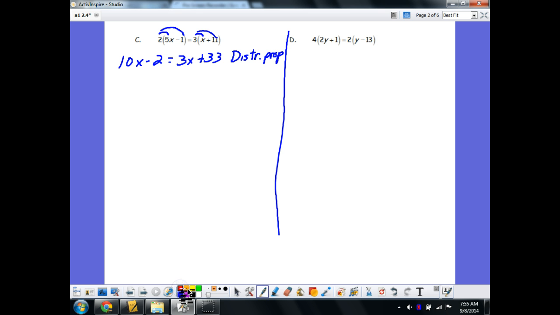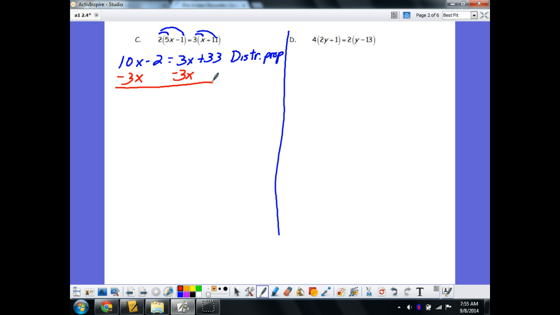So now getting the variable on one side, we can move the 3x, so we subtract 3x. And by the way, it does not matter which variable term you move. If you'd rather subtract the 10x, you can definitely do that. Personally, I like to move the variable so that my variable term stays positive.